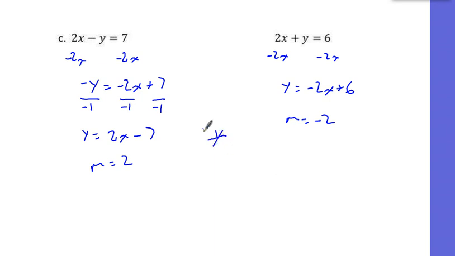But that is not true. It is not perpendicular. In this case, it is neither, because not only do they have to be opposite, they also have to be reciprocals.